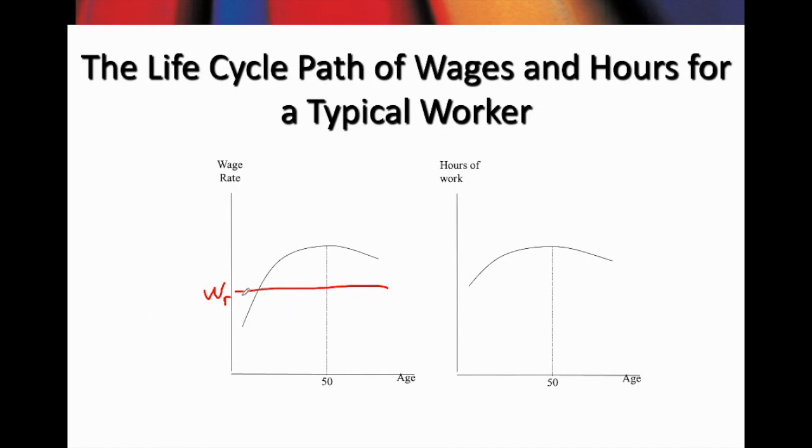And notice that if we consider WR to be the reservation wage, when the worker is young, from this age up until this point, this worker would not enter the job market because for any wage below the reservation wage, the worker will not join the job market. And this is what happens for many young workers.